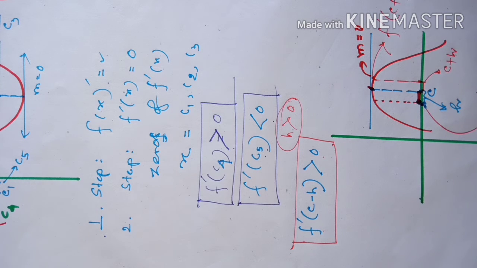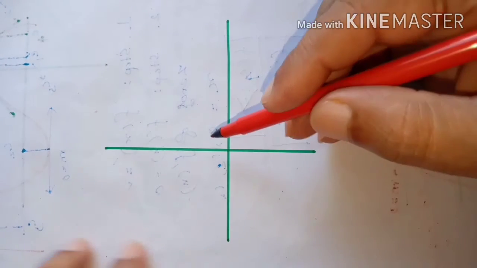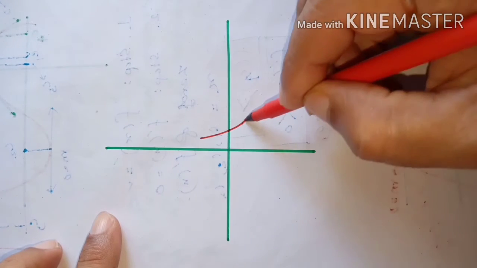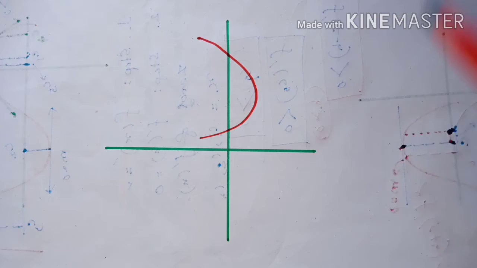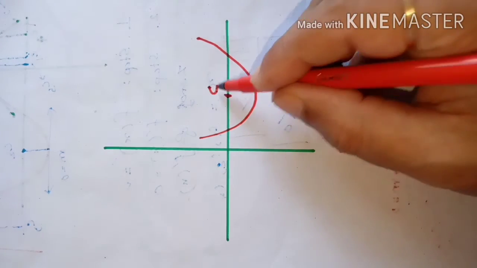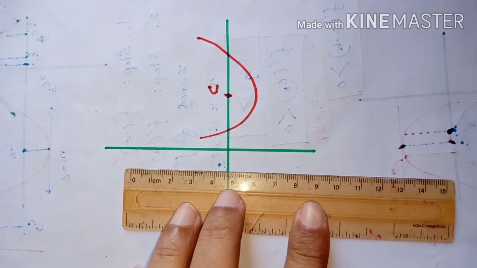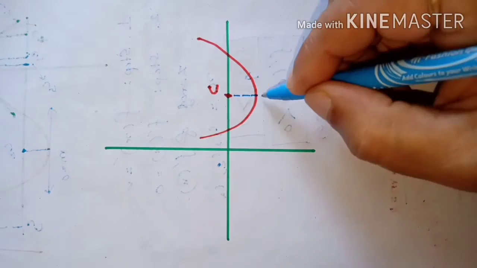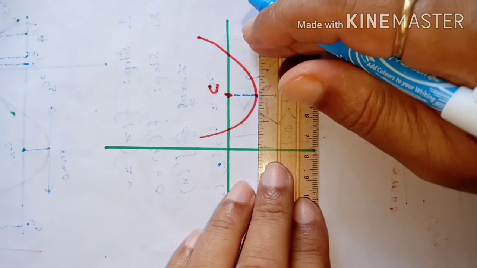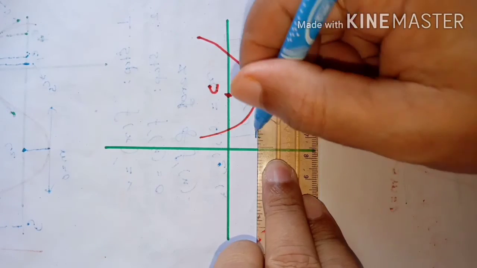Okay, dear students? If it is like this, suppose this is the function's graph. And here is a turning point C. So at this point, the slope of the graph is 0.